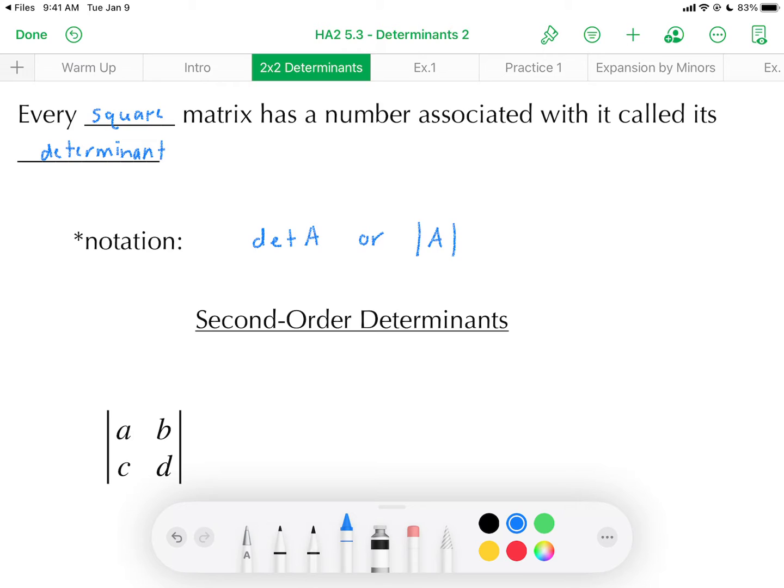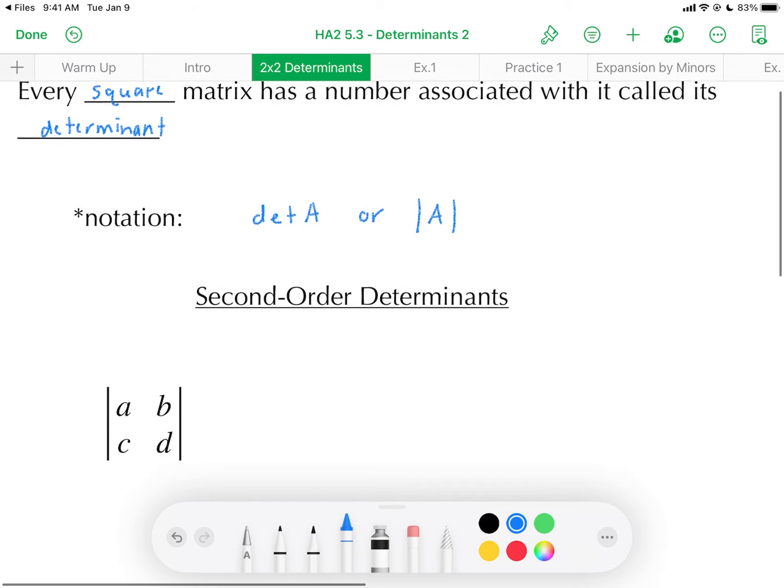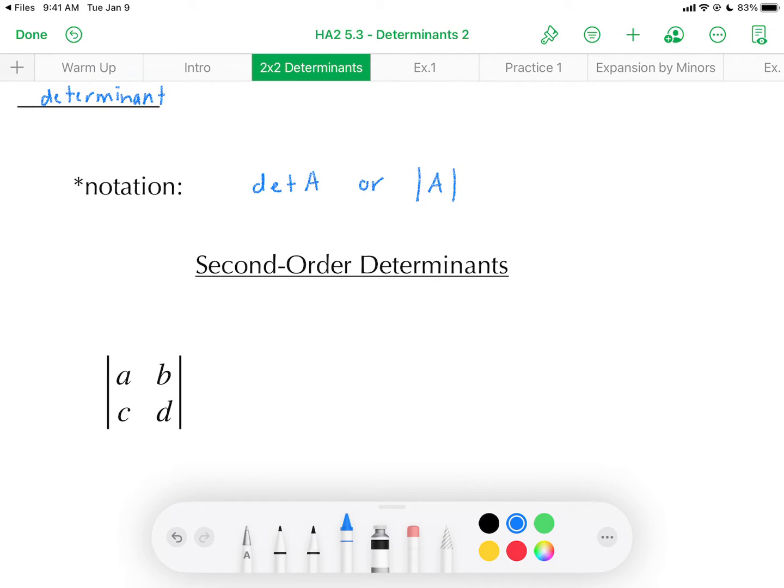All right, so it's really easy to find a second order determinant. A second order determinant would be for a 2 by 2 matrix. So notice the notation down here. Rather than the brackets that we typically use for the matrix, see how I got the straight lines? That's an indication that I want to find the determinant of the corresponding matrix.